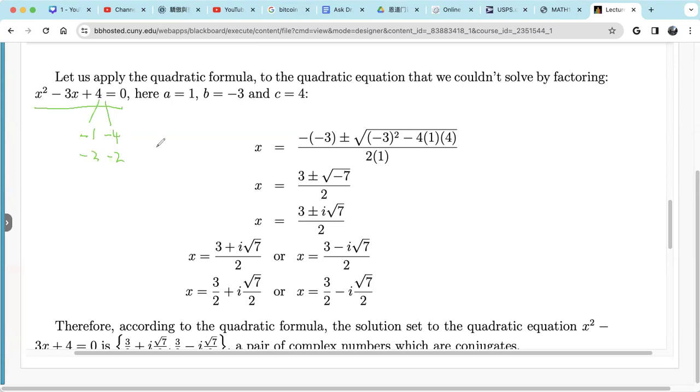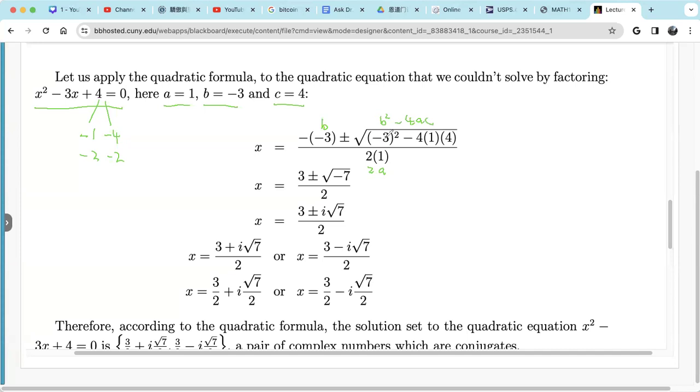So let's use the quadratic formula. Figure out a is 1, b is -3, c is 4. Plug in negative b, which is -(-3), plus minus the square root of b squared minus 4ac, all divided by 2a. I suggest in the very beginning, write down the formula a couple of times to remind yourself.